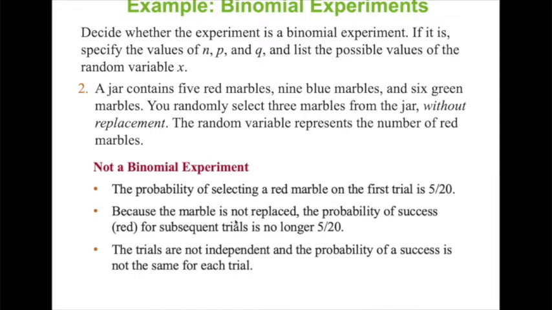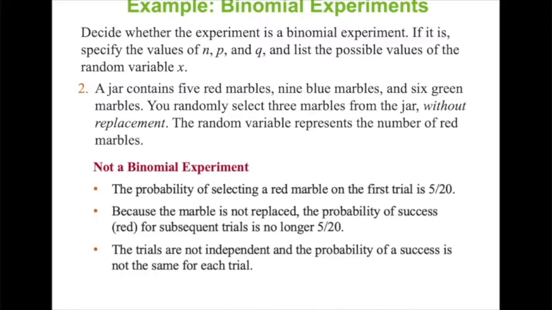Because the marble is not replaced, that's given here, without replacement, the probability of success, which is the probability of selecting red marbles, for subsequent trials is no longer 5 over 20. So again, for the first trial, the probability of selecting red marbles is 5 over 20.